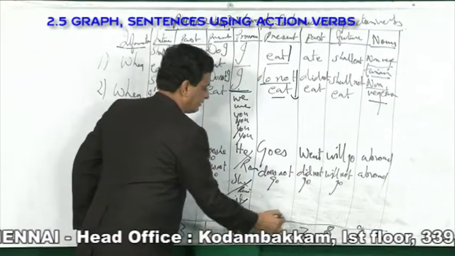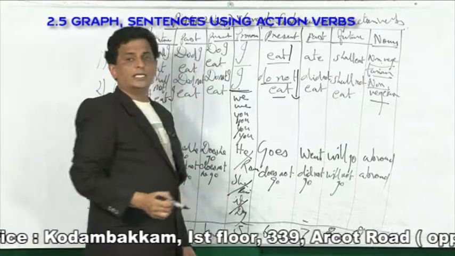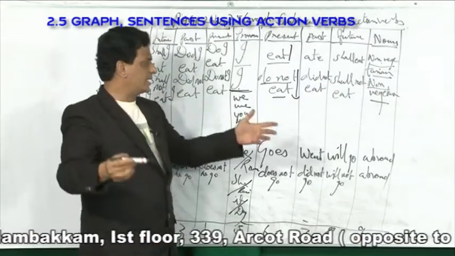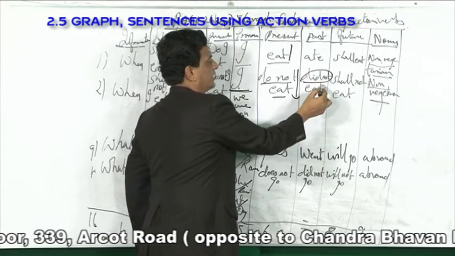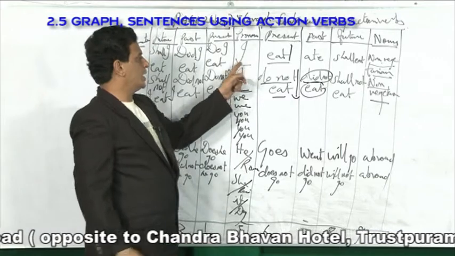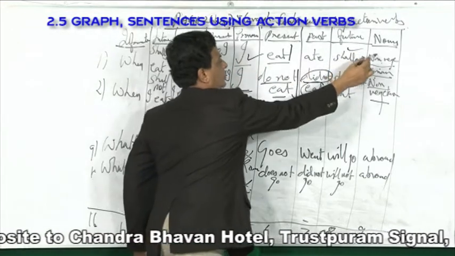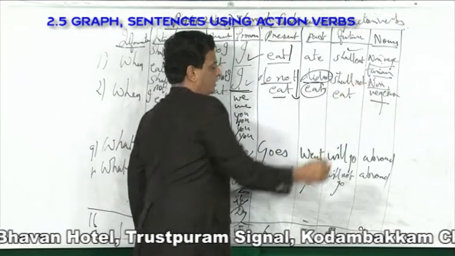So 5 plus 7 plus 9: I ate non-vegetarian. Just exactly opposite of that is I did not eat non-vegetarian. You go in for future: I shall eat non-vegetarian. Negative part is I shall not eat non-vegetarian.